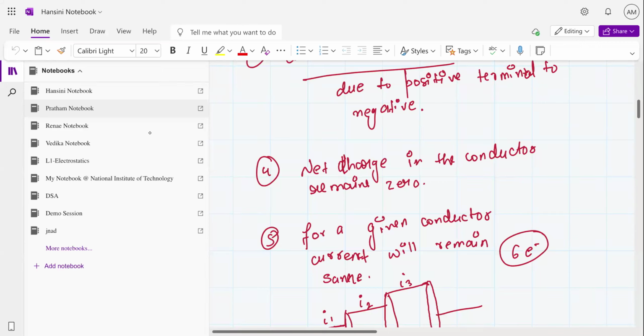Electric field due to a short dipole. Why I'm calling it a short dipole, I'll explain within a minute.